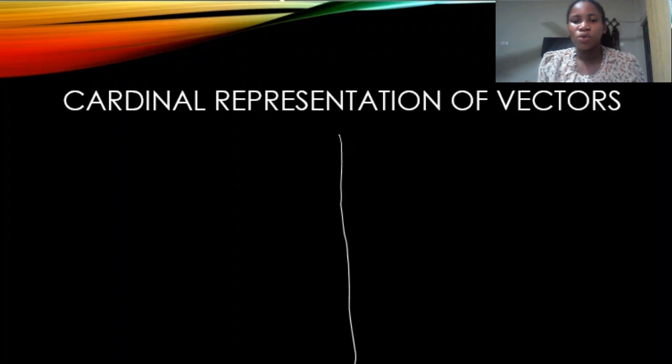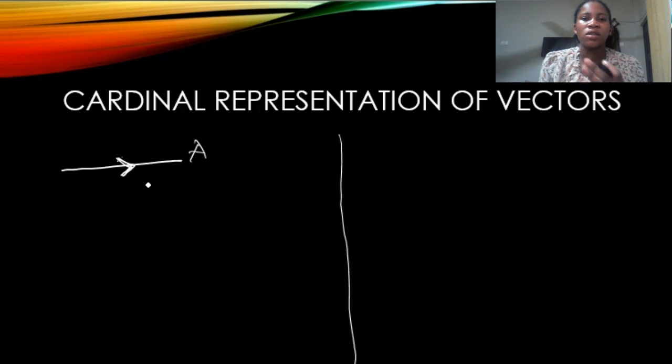Let's take this once again: this is vector A with its magnitude and direction, and with this vector we have to show how it's represented, or where the direction is specifically going.